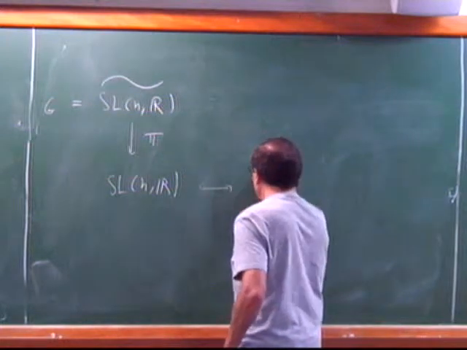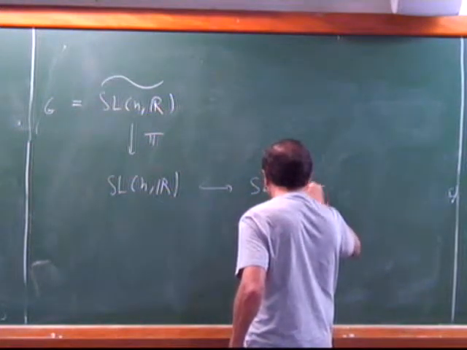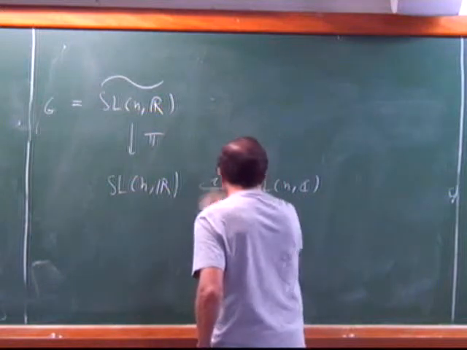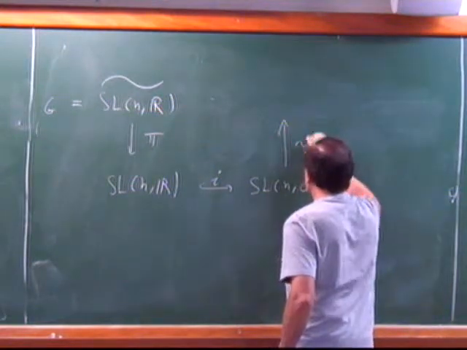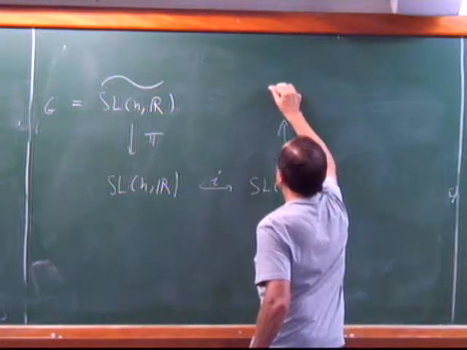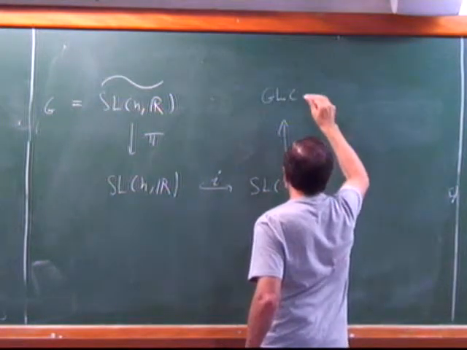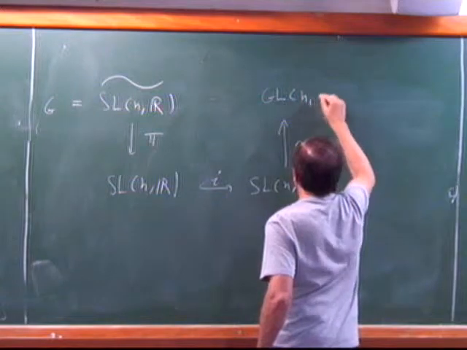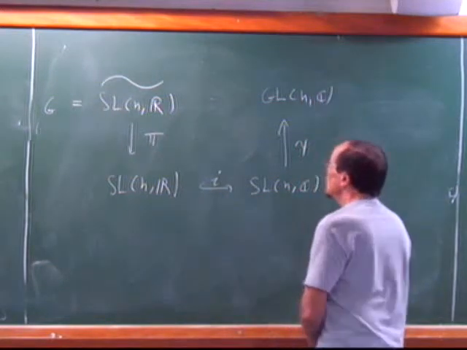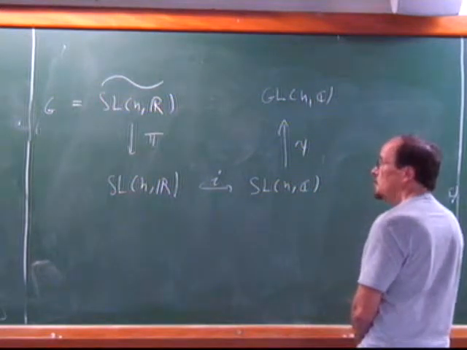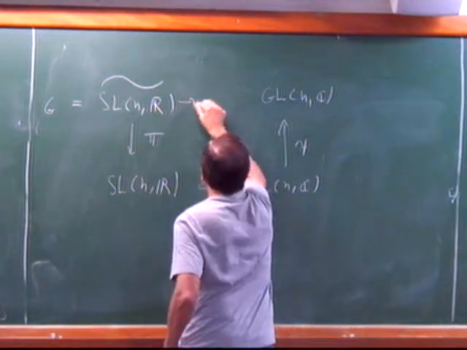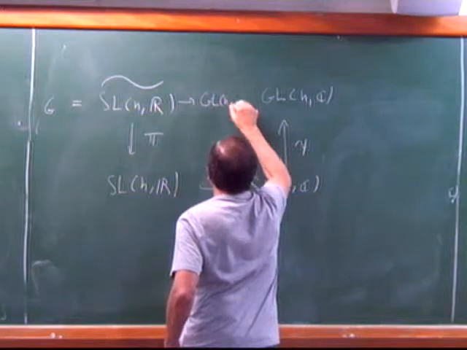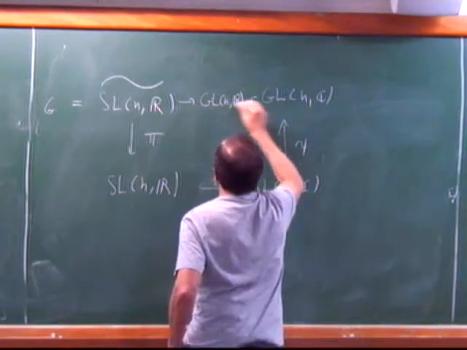I have an inclusion here into SL(n,C). And I just constructed a homomorphism into GL(n,C). And we assumed we had a homomorphism from SL(n,R) into GL(n,R), which is a subgroup of GL(n,C).